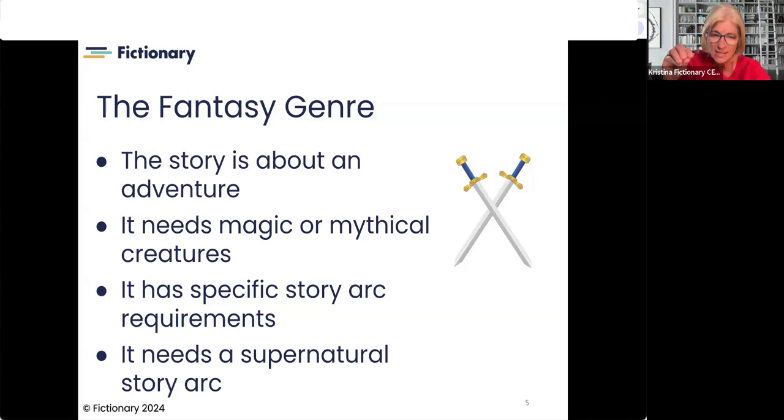So you can take this and also look at the romance outline that's in Fictionary and look at the romance story arc scenes, because from his perspective, the inciting incident could be when he first connects with her in a dream or creates a dream for her.